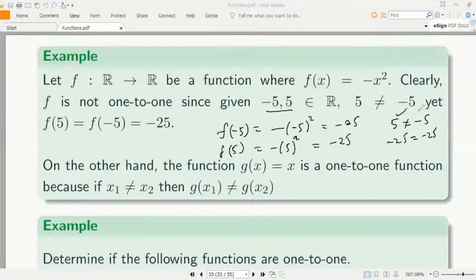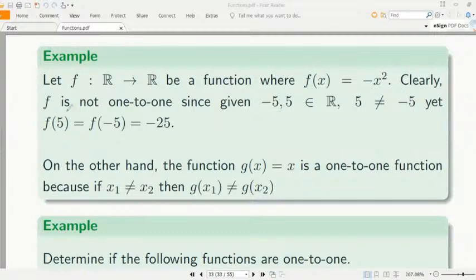Since these are two different inputs that have given us the same output, this function is not one-to-one, not injective. So I've said clearly that f is not one-to-one, since if I'm given two different inputs here, their output will be the same. That makes it not one-to-one.